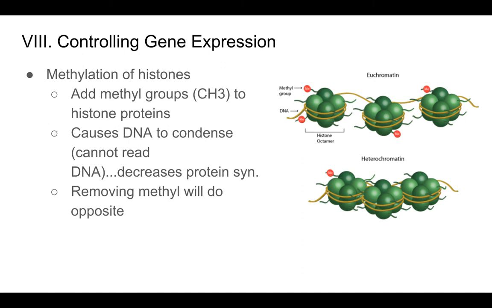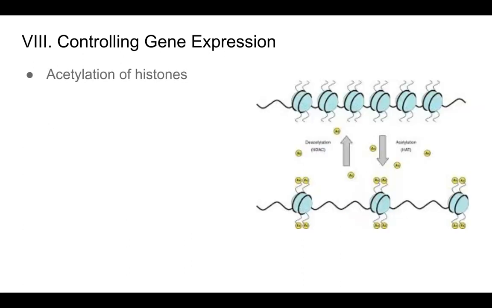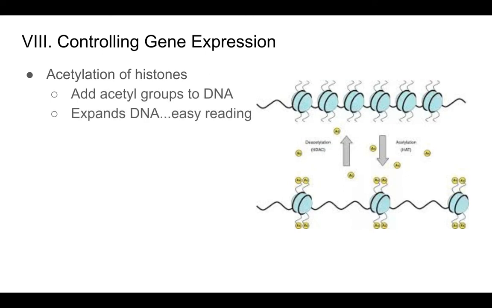Adding the methyl groups condenses. Removing the methyl groups opens it back up. There is another chemical group called an acetyl group. Acetyl groups can be added to histones as well. If I add acetyl groups, they kind of do the opposite.